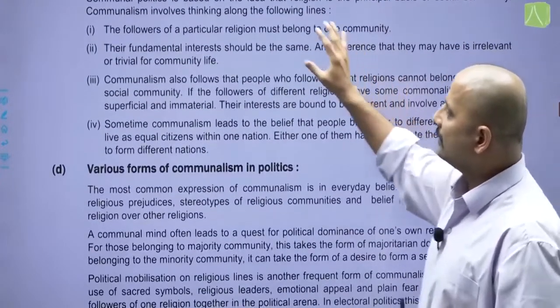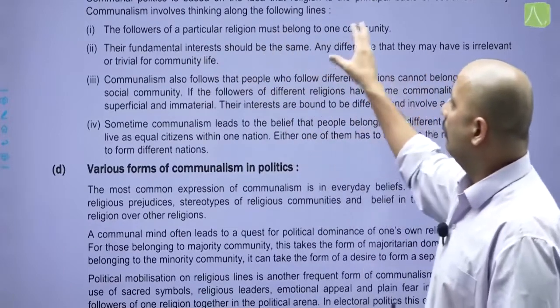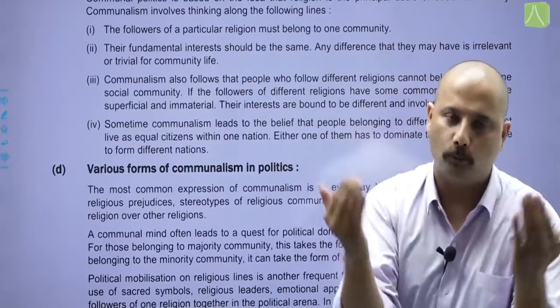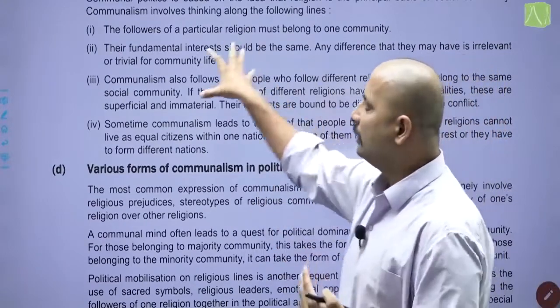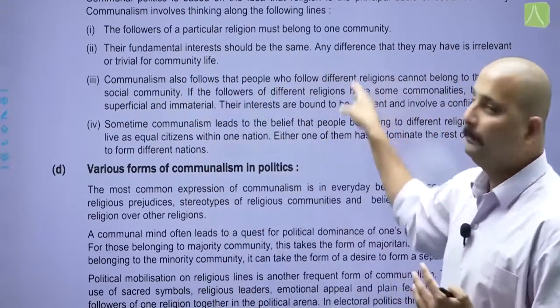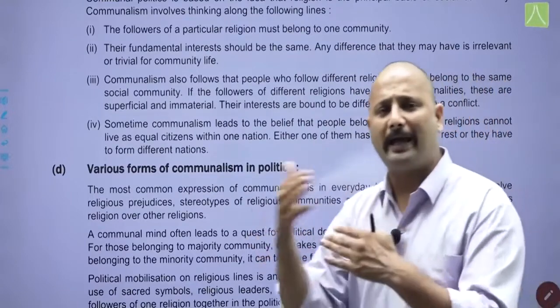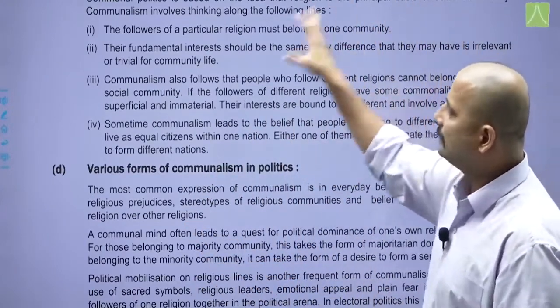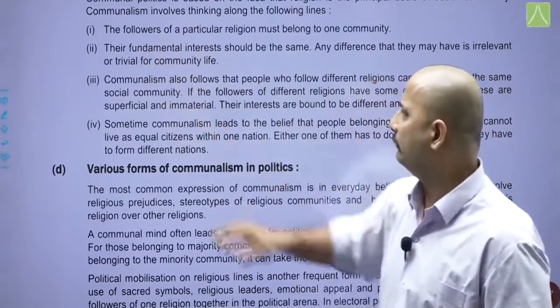Now, what are these lines on which communalism works? That is, the followers of a particular religion must belong to one community only, that all the people belonging to one religion should belong to one community. Their fundamental interest should be the same, and any difference that they have is irrelevant or trivial for community life.